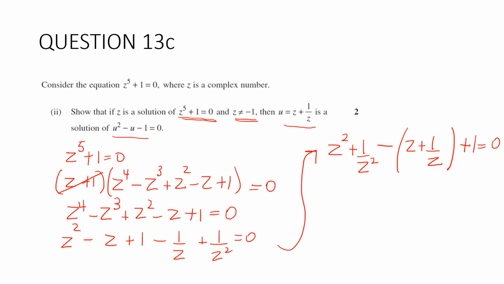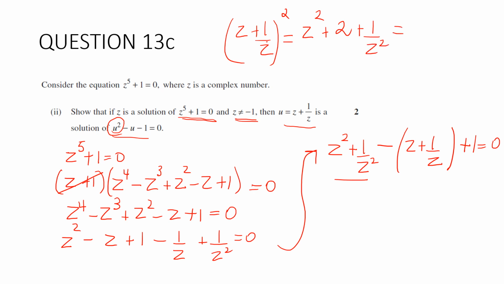Okay, we're nearly there. Just going to tidy this part up here because I don't want z squared plus 1 on z squared. In terms of that there, I want z plus 1 on z squared. So let's just expand this out up here. z plus 1 on z all squared is z squared plus 2 plus 1 on z squared.